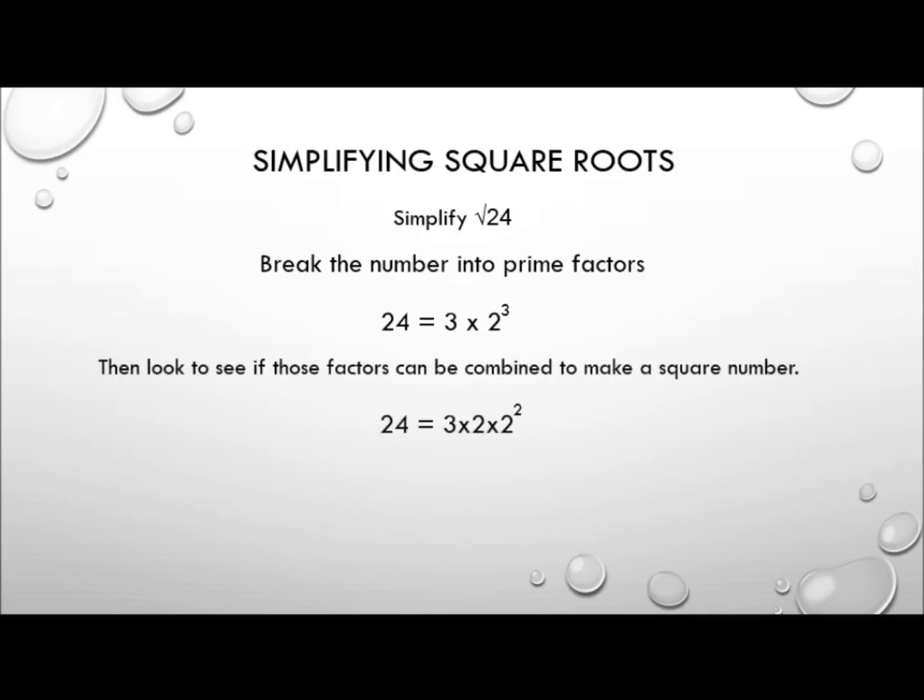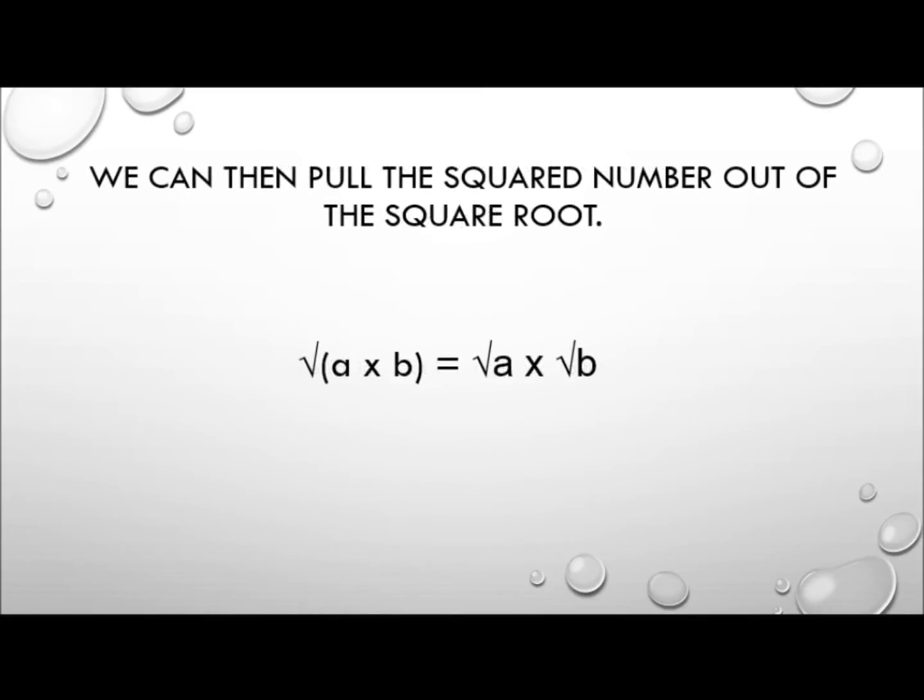So we can now look to see if any of those factors can be combined to make a square number. In this case, 24 can be written as 3 times 2 times 2 squared. We can then recombine the remaining factors, so 24 is equal to 6 times 2 squared. Now we can pull the squared number out of the square root.